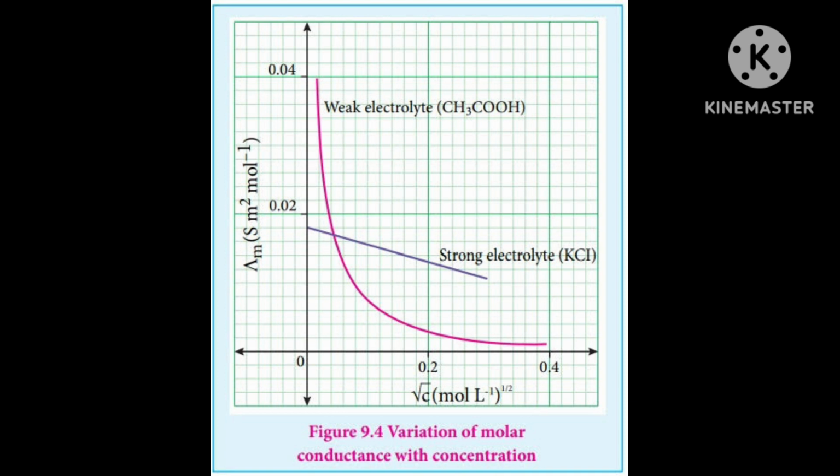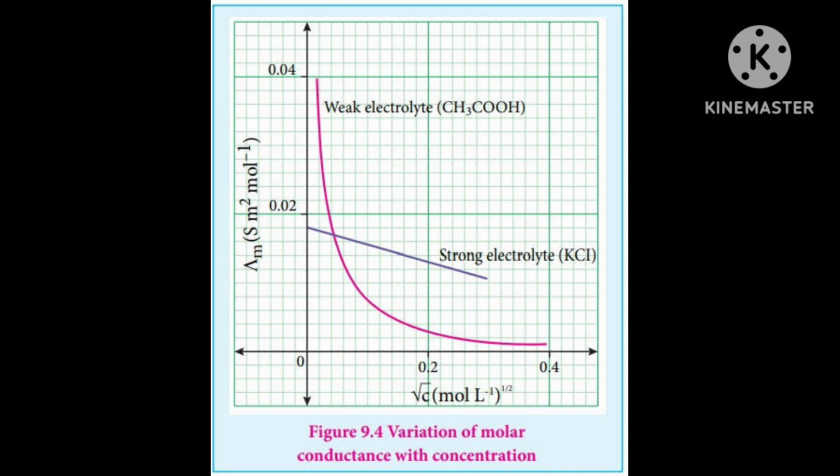In the second experiment, the cell constant is known, so using the formula, cell constant divided by R equals conductivity, kappa.